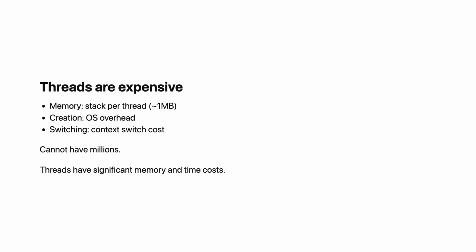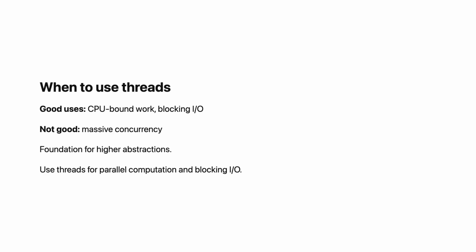Context switching: when the CPU switches between threads, it saves and restores state. Too many threads means too much switching overhead. Because of these costs, you cannot have millions of threads. Hundreds to thousands is typical. Thread pools help reuse threads instead of creating new ones, but the fundamental cost remains.